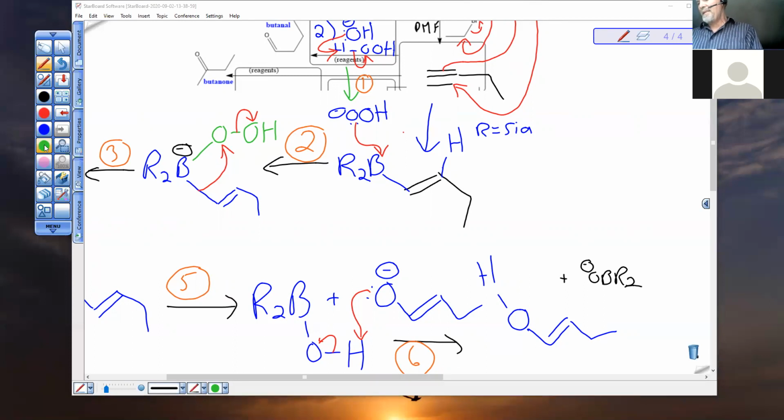Step 7 is the step you didn't see in chapter 6 because you didn't have an alkene. It's called tautomerization. Do you remember what happens during a tautomerization? We move two things. We move a hydrogen atom.